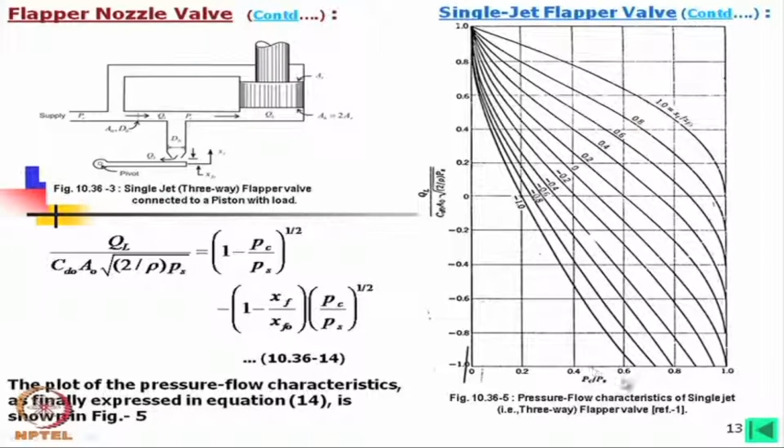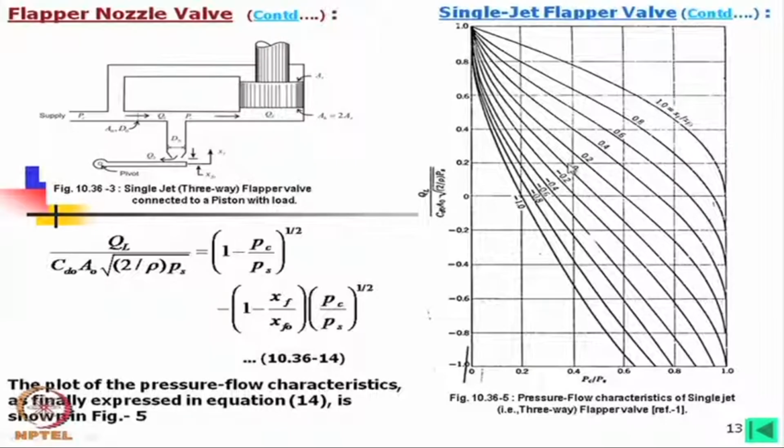Now, if we look into this, in this case also this is the same as the spool valve. So, the abscissa is the same, but it is different from the 4-way valve, because here we have considered only one side of this curve. In that case, obviously this flow is 0 because the load flow can go in both directions, and we find x f by x f 0 is here.